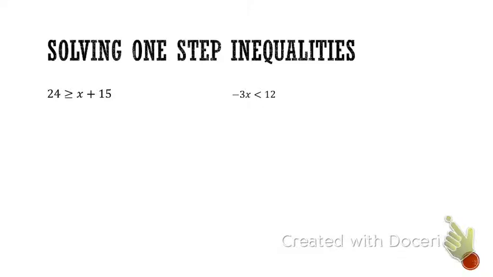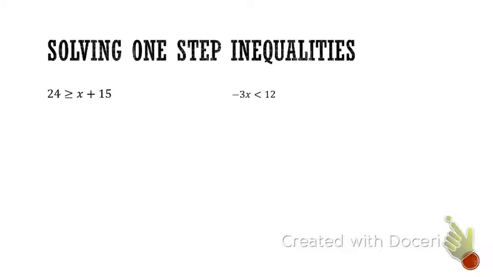So what we notice, all right, I want you to pause it and see if you know how to solve it, okay? So the first thing you should notice is that this inequality is written backwards, okay?